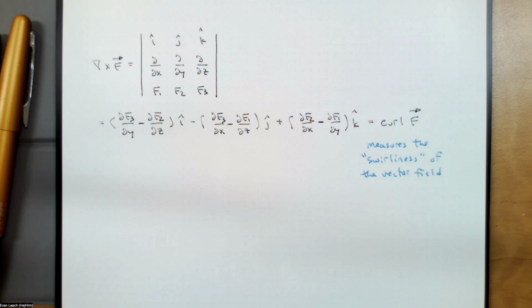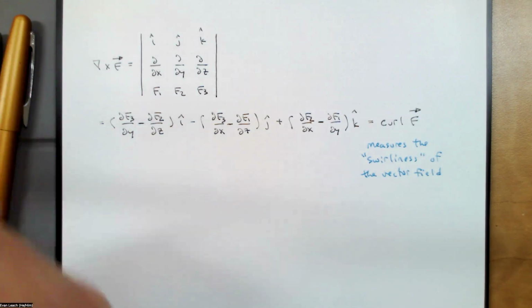This is the one that we call curl of F, where we use the abbreviation curl of F. Even though in Green's theorem, we had the scalar curl. And if we recall back to the scalar curl, that's the K component, because back in Green's theorem, we were working in the plane. And so instead of having an I and a J, we were just measuring the swirliness and everything was coming up out of the plane.